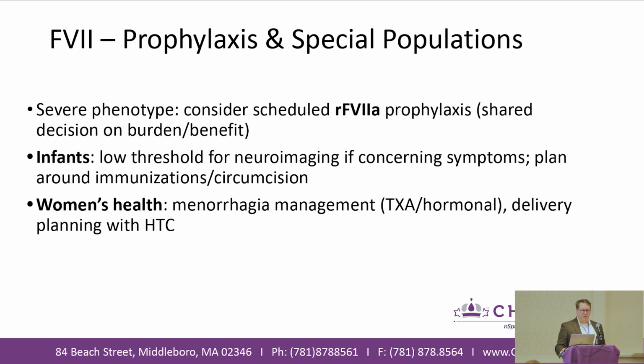Depending on severity of bleeding, we may try to prepare more for either infants who are going to get circumcision or immunizations, or women who are going to have periods or deliver or that sort of thing.